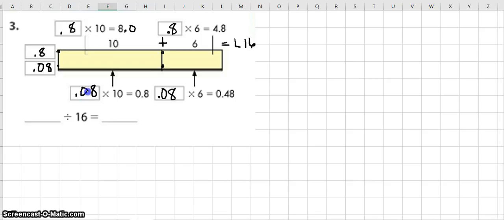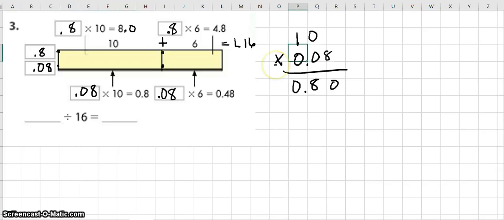And so I can say 8 times 10, which is 80, and hold on. I can come over here and check it, and sure enough, it comes out the same. So now I've got my width, 8 and 8 hundredths.